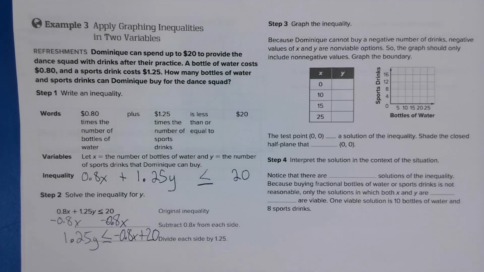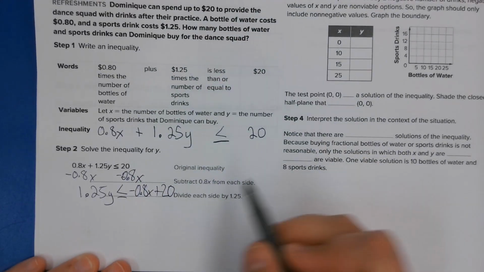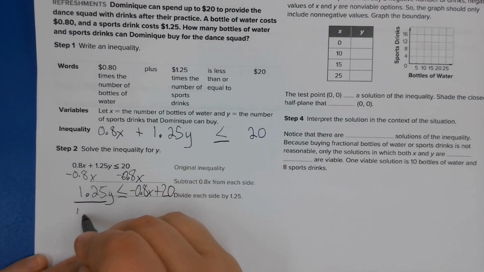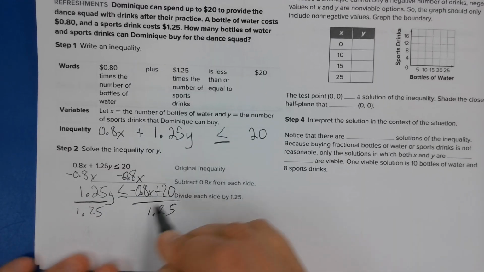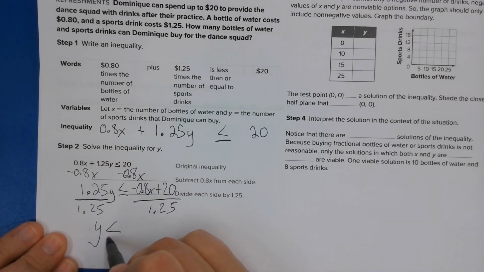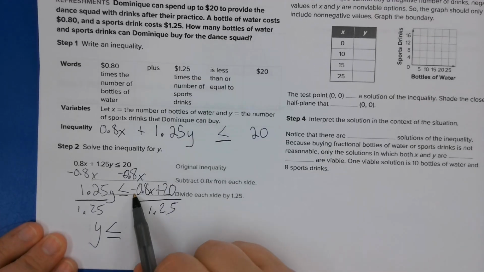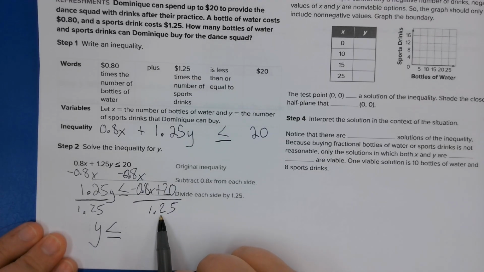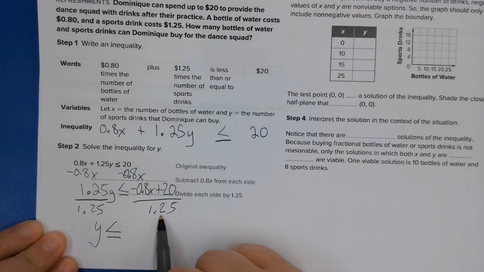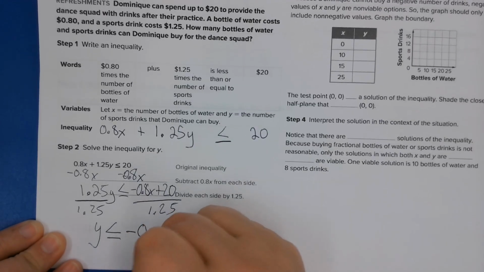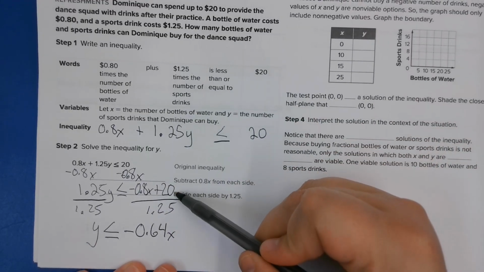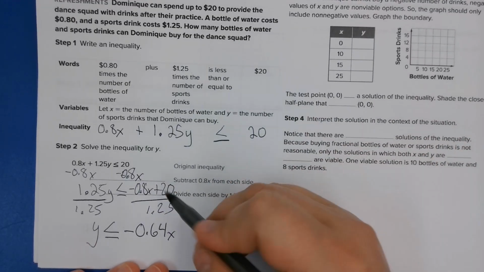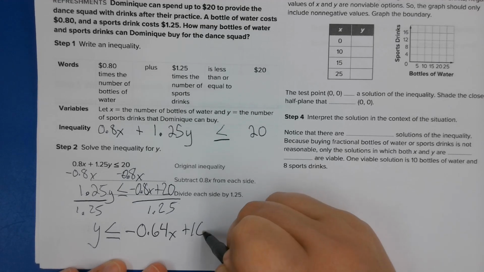I'm not done yet. I got to get y by itself. So I'm going to divide by 1.25, divide by 1.25. So y is less than or equal to negative 0.8 divided by 1.25 is going to be negative 0.64x. And then 20 divided by 1.25 is 16.